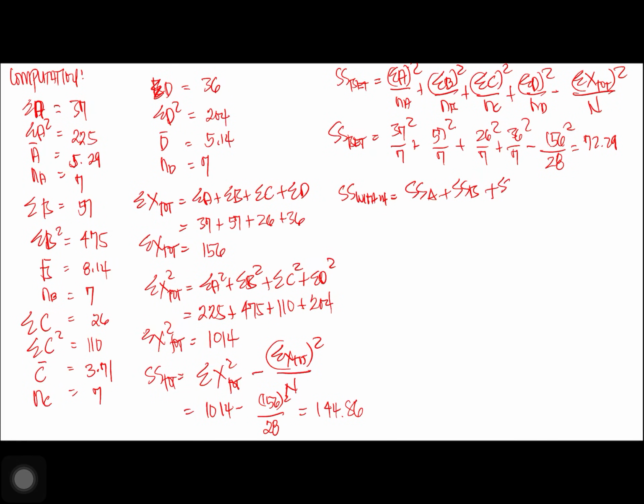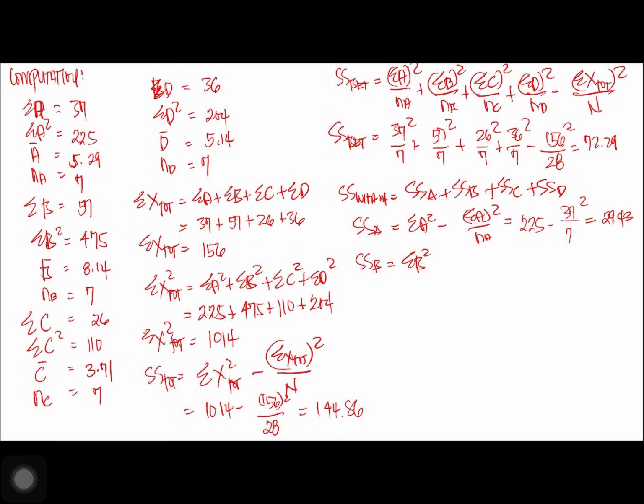SS within is equal to SSA plus SSB plus SSC plus SSD. Okay? So for SSA, we have there the summation of A squared minus summation of A squared over NA. That is equal to, we have 225 minus 37 squared over 7, which gives us 29.43.